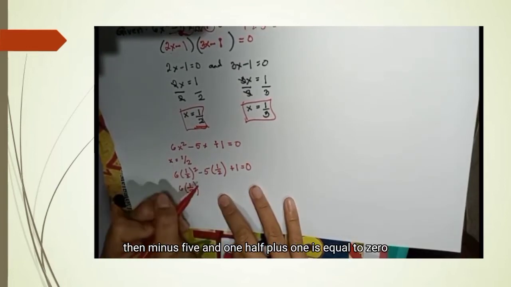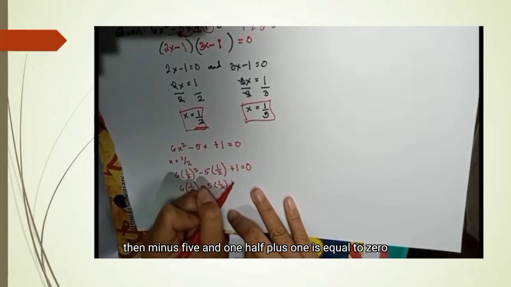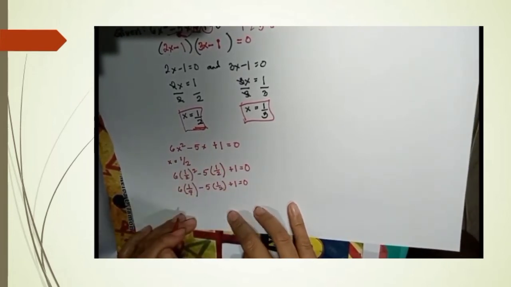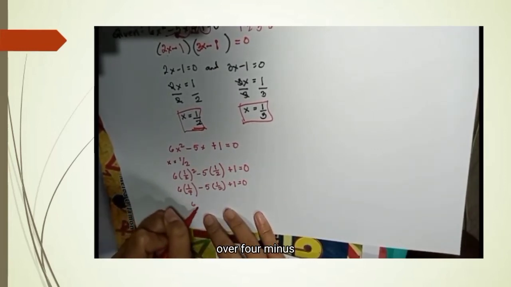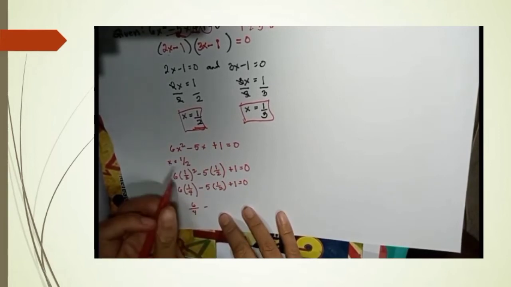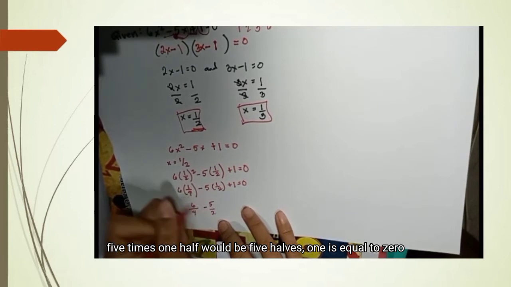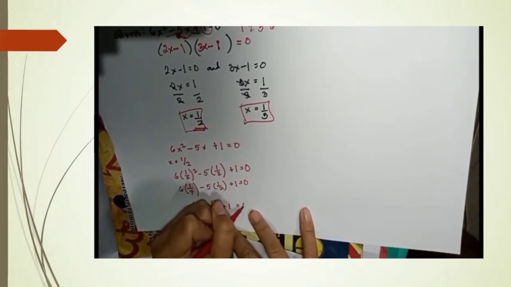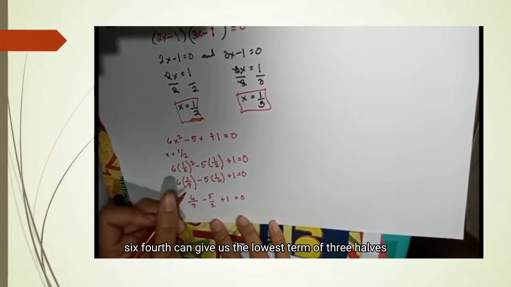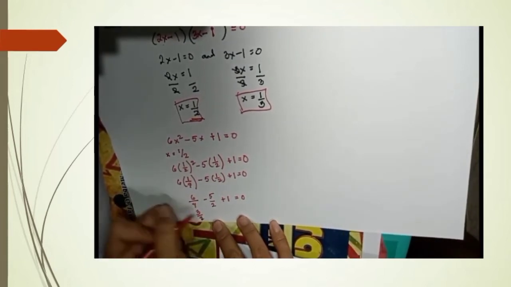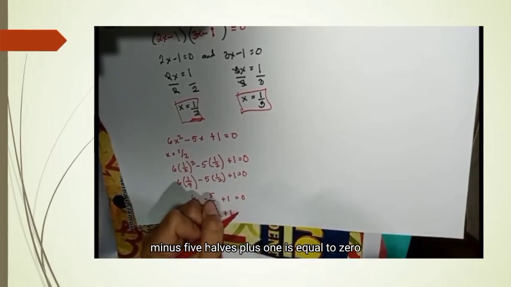Then minus 5 times 1/2 plus 1 is equal to 0. 6 times 1/4 is equal to 6/4, minus 5 times 1/2 would be 5/2, plus 1 is equal to 0. 6/4 can give us the lowest term of 3/2 minus 5/2 plus 1 is equal to 0.